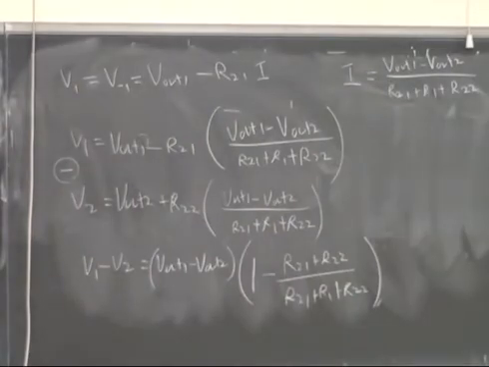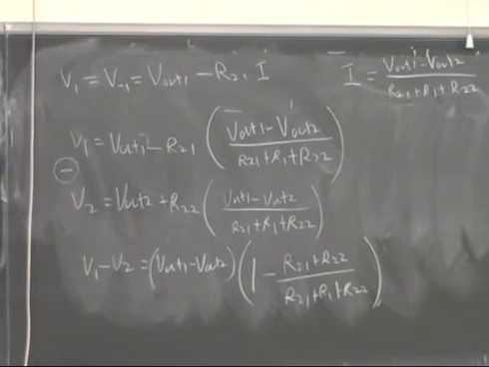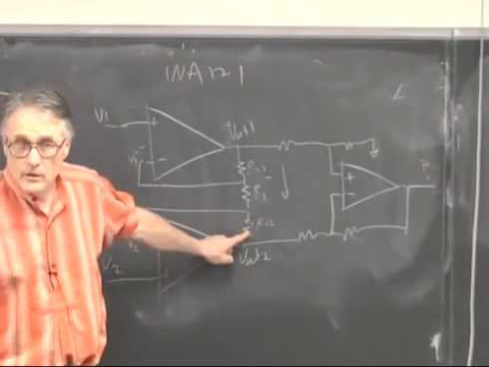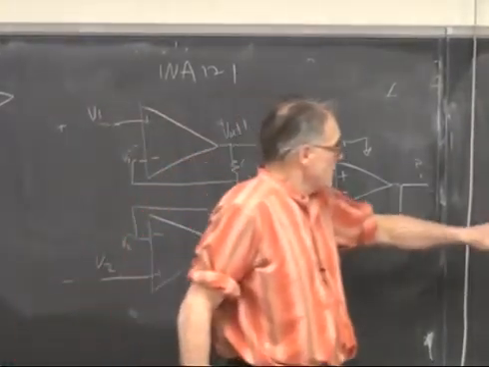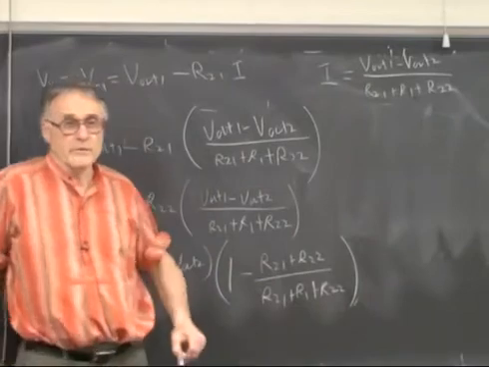And we can fiddle with this algebraically, but we can already see that R21 does not have to be exactly equal to R22, because these two resistors only appear as a sum and never as a ratio.